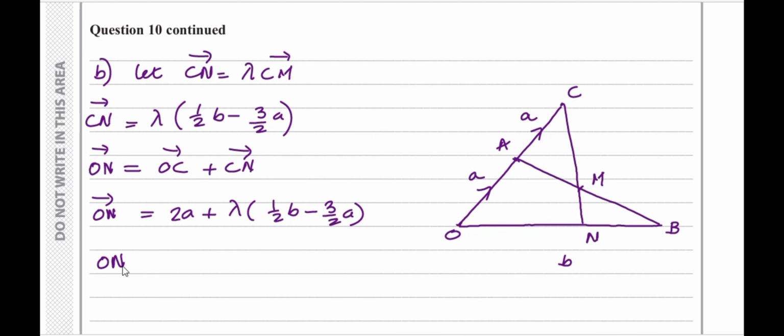Cool. So expanding this, we get 2a plus lambda times half b minus lambda times 3 over 2 a.